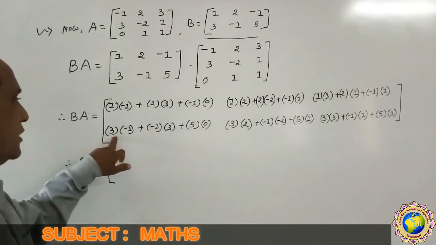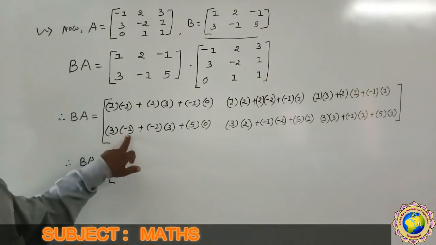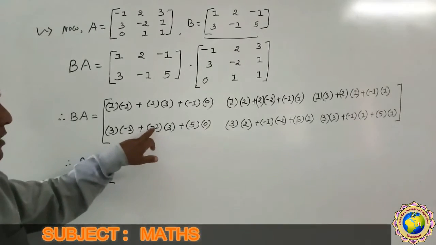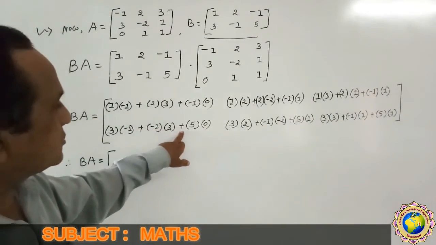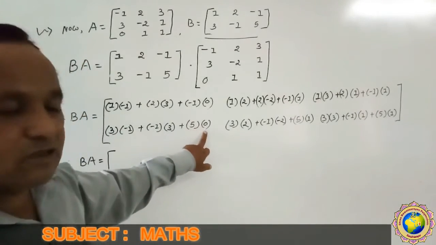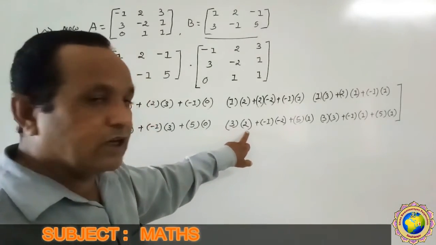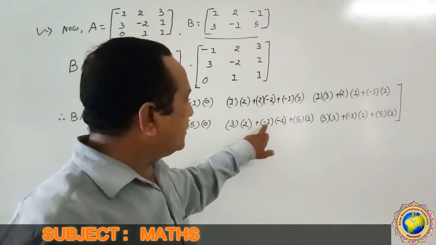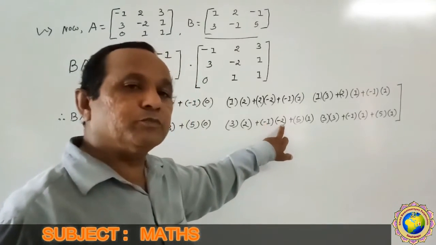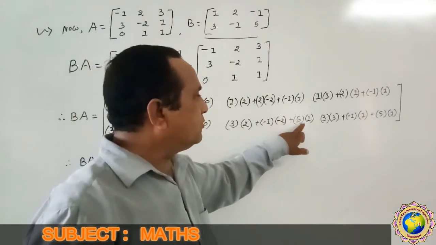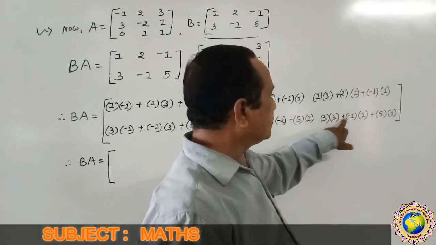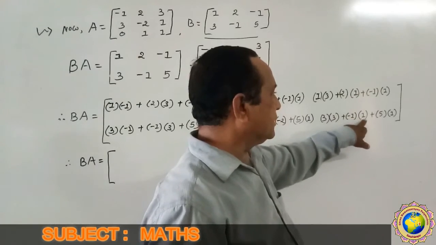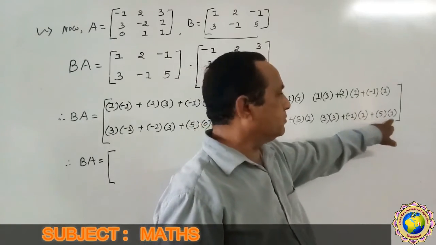Second row: 3 multiplied by minus 1 is minus 3, plus minus 1 multiplied by 3 is minus 3, plus 5 multiplied by 0 is 0. 3 multiplied by 2 is 6, plus minus 1 multiplied by minus 2 is plus 2, plus 5 multiplied by 1. Similarly 3 multiplied by 3 is 9, plus minus 1 multiplied by 1, plus 5 multiplied by 5.